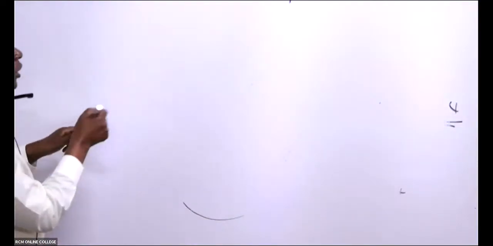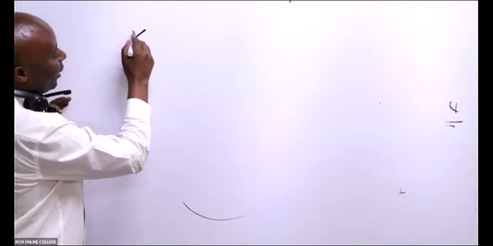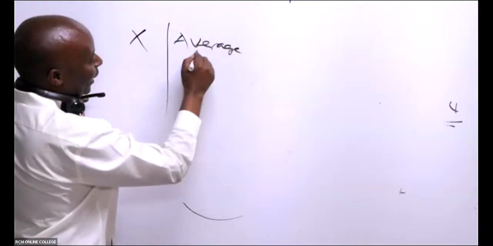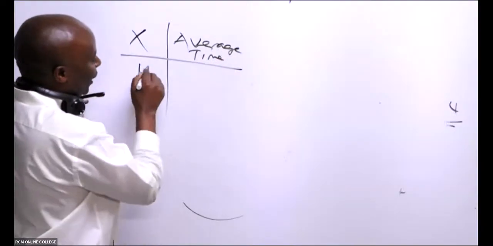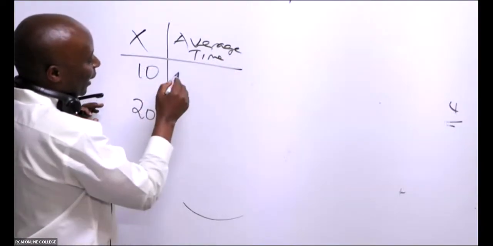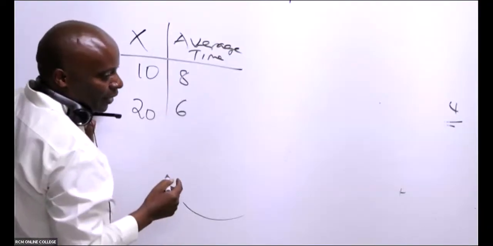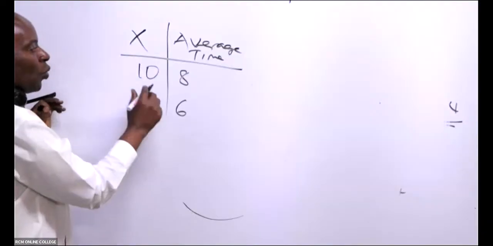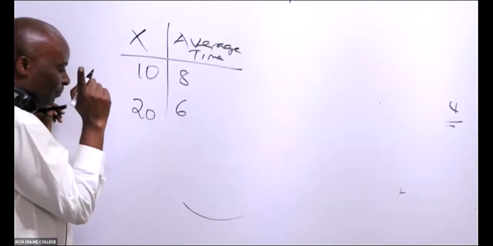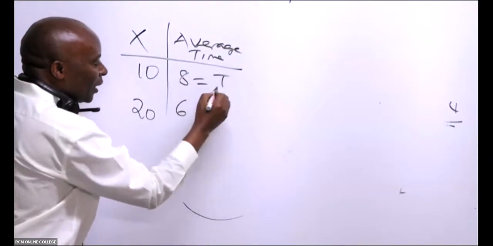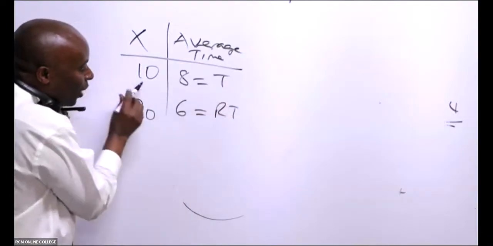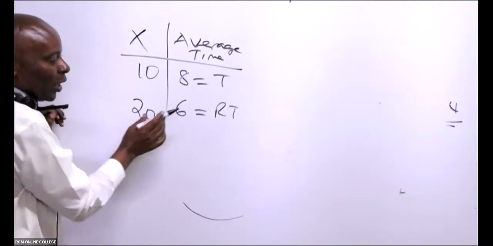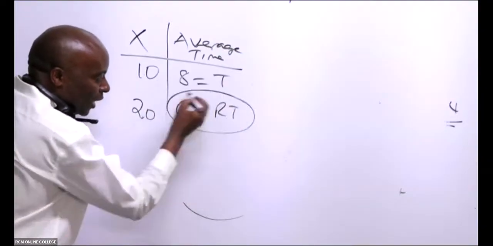We repeat. So you see where we started from? We started by saying, if you are given here X and average time, this is what we did. We said, if you have here 10 and 12, and then you have 8 and what here, somebody? 6. Then remember from our concept, as X doubles, what happens to our average time? It reduces from T to what here, somebody? Provided the double exists. 10 times 2 is 20. And then now come and get a solution from this last.